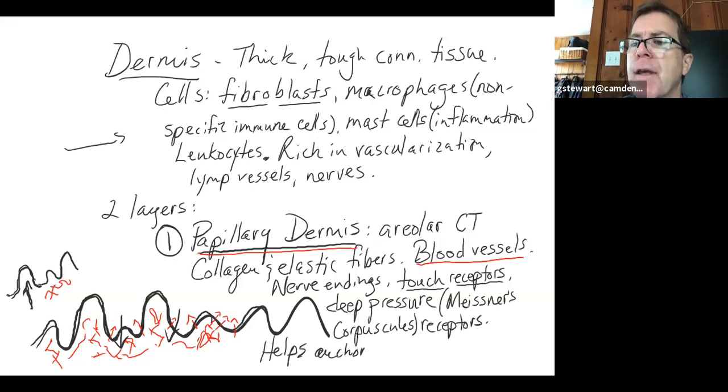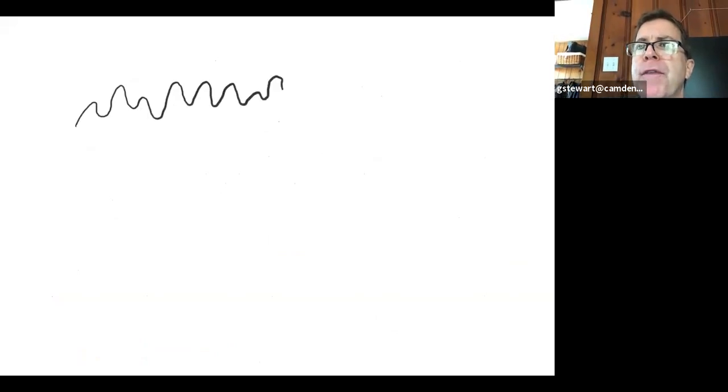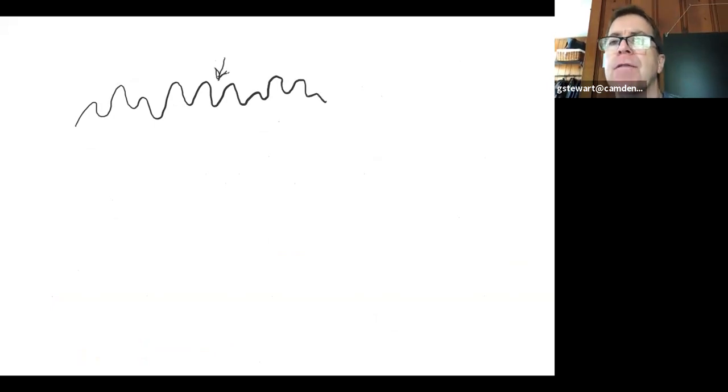So there is a function to this zigzag pattern. I'm just going to write helps anchor epidermis. So this helps hold the epidermal layers down, helps glue them, those layers, to the deeper layers of our skin.